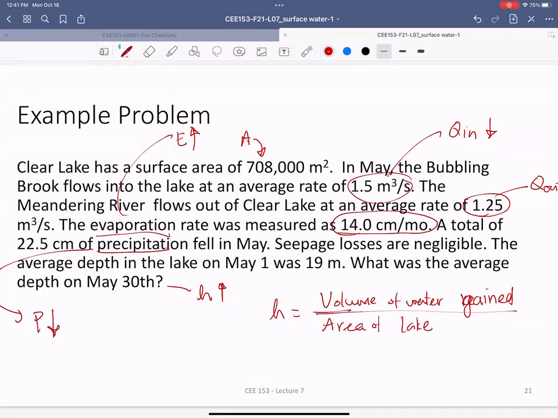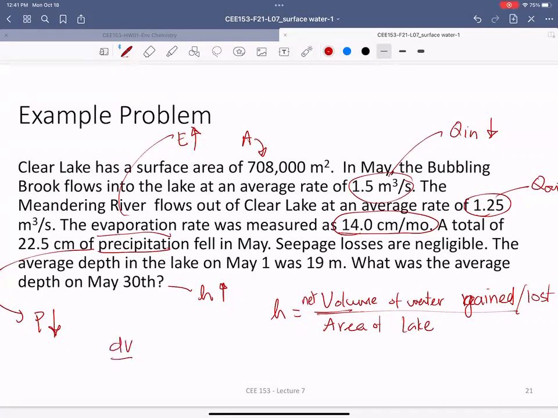So all you are calculating is the amount of volume gained or lost, the net volume. Basically you are calculating dV over dt, where dt is 1 month. The amount of time to gain or lose that volume is a month.